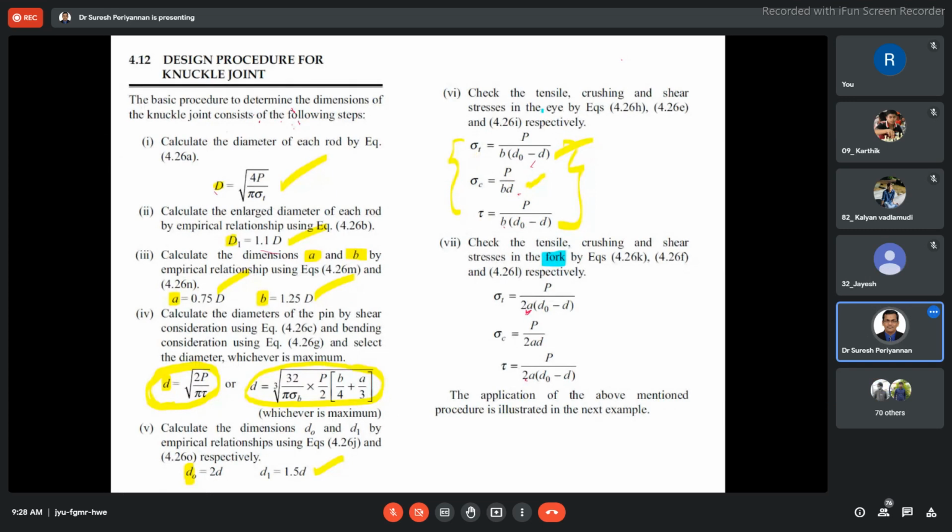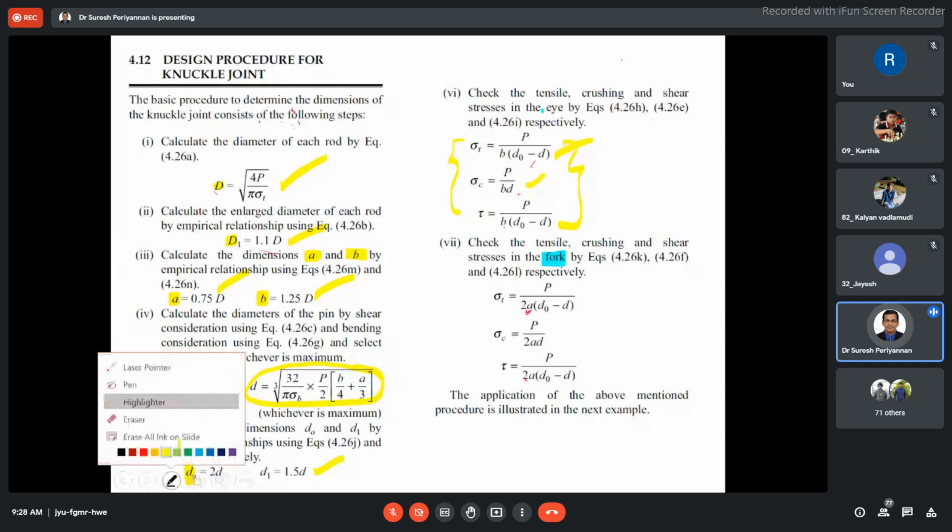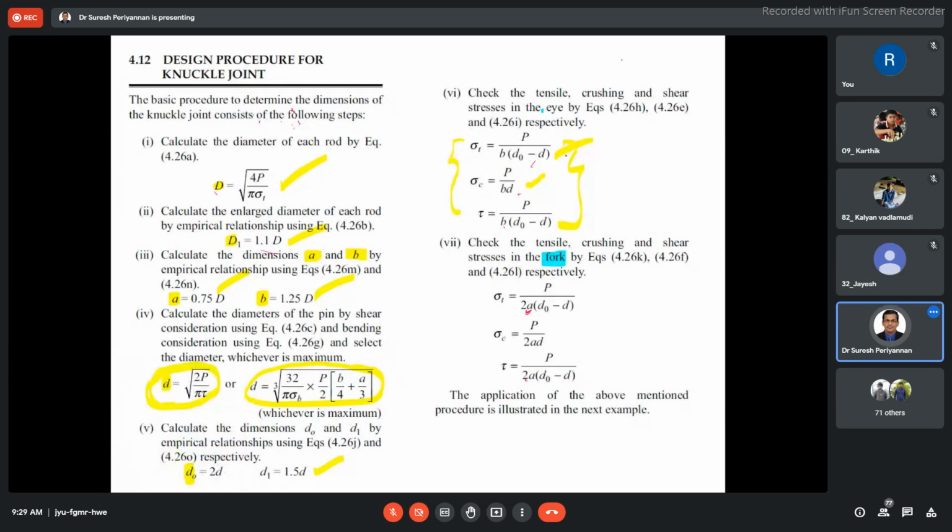Then again come back to our given input data: the permissible tensile stress, permissible crushing stress, permissible shear stress, and check whether greater than or less than. If these values are less than your permissible limit, then our design is under safe limit. Similarly, this is for the eye end. Okay. This is for the component fork.